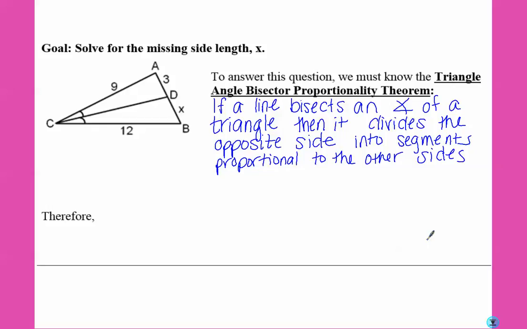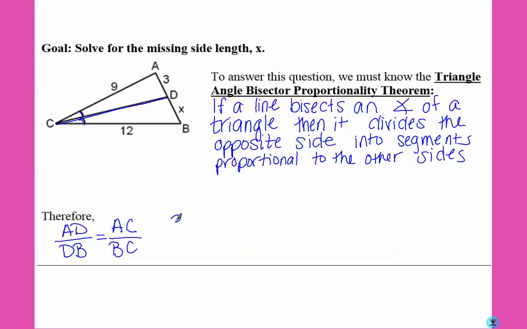So we know that this segment cuts angle C in half because these two smaller angles have the same markings. Therefore, we know that AD over BD will be proportional to AC over BC.